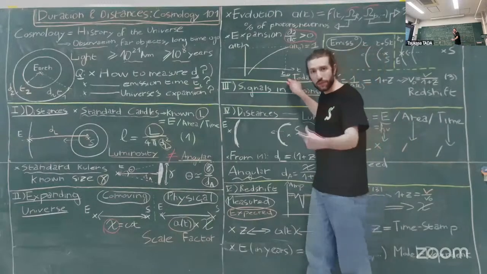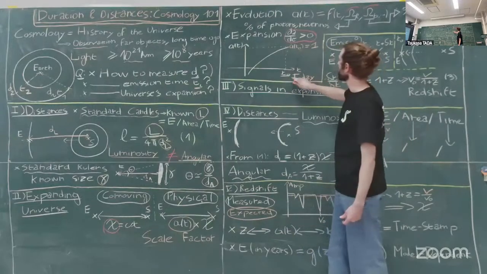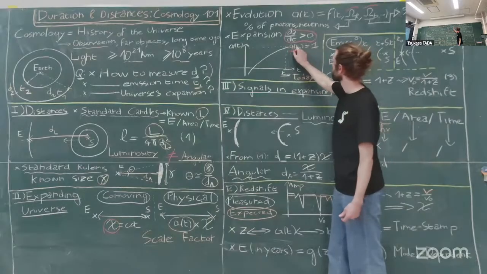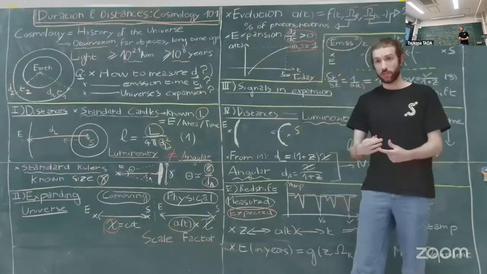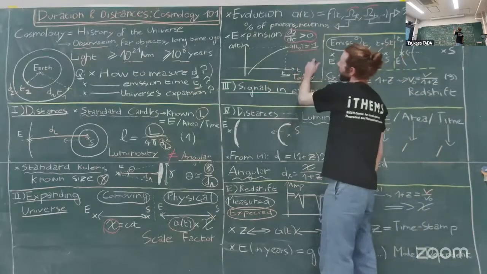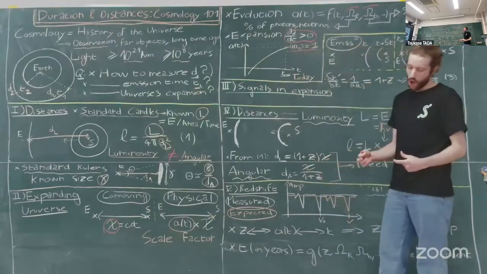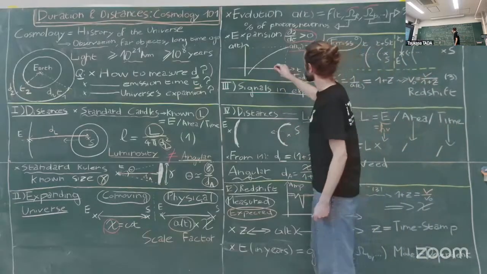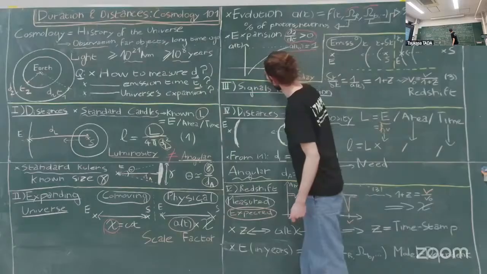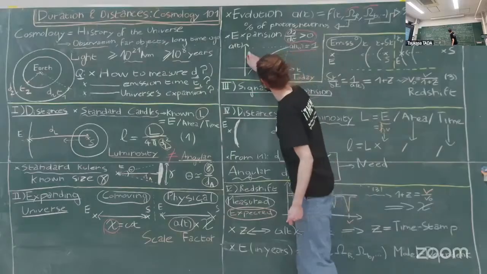I'm going to take as reference, for this dimensionless number, that today the scale factor is going to be 1. And in the past, it was less than 1 because the universe is expanding. Okay? So this is measuring, in a sense, how much smaller was the universe in the past at a certain time t, for example. Let's say this is t, and then that gives me the value of the scale factor.